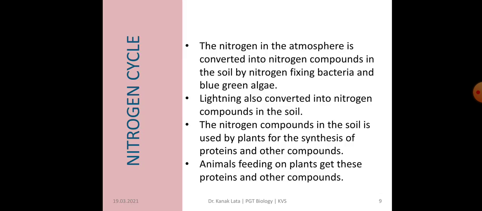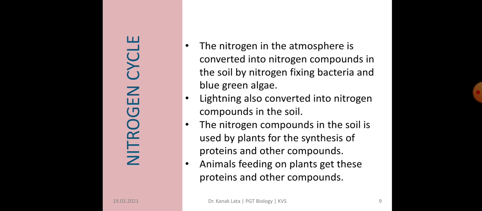Now the last topic of this video is the nitrogen cycle. We know that nitrogen is present in the atmosphere in large amount, that is 78%. But in the N2 form, the gaseous form, nitrogen is not utilized by any living organisms, but it is very essential for the proper growth of plants and animals.